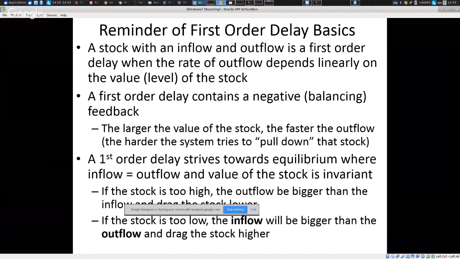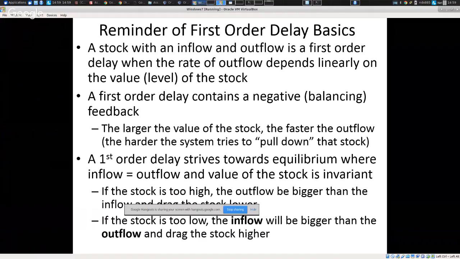Does that sound like a certain type of feedback? We increase X, it leads to a series of changes that push back against that original change. What sort of feedback is that? It's a balancing feedback. So first order delay contains a balancing feedback. Where is that feedback in terms of the diagram? Well, it's a feedback from the stock to the flow.